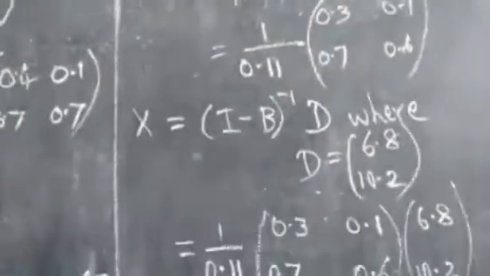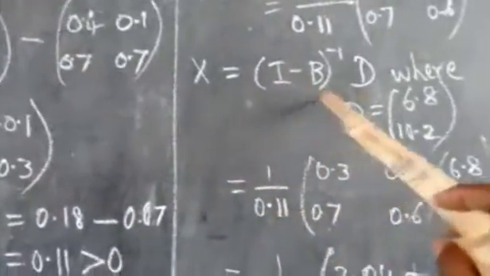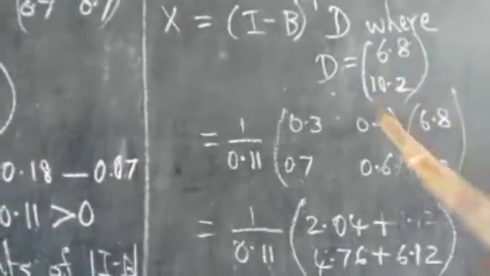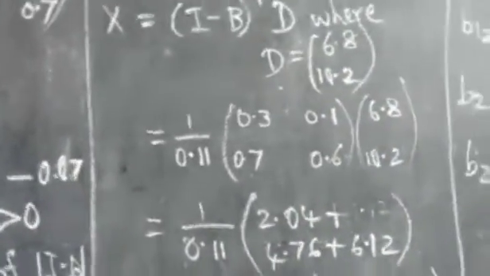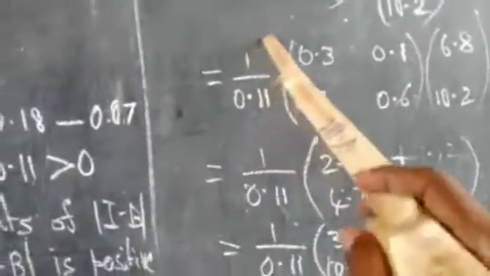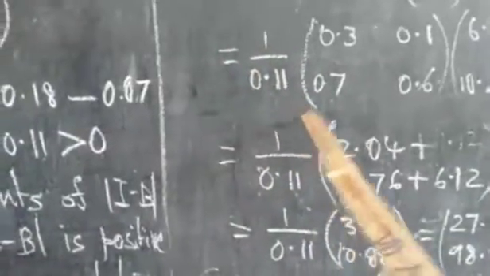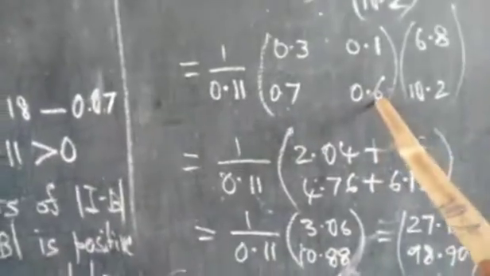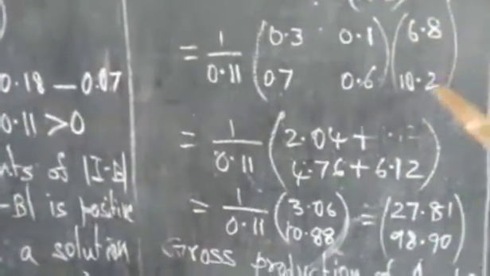Now we have to find X equals I minus B inverse times D, where D is 6.8 and 10.2, as given. So I minus B inverse is 1 by 0.11 multiplying 0.3, 0.1, 0.7, 0.6, and D is 6.8, 10.2.